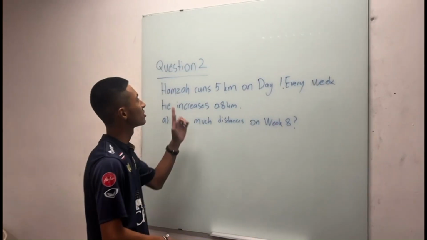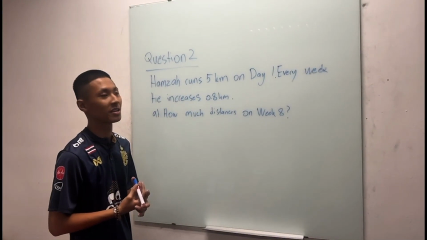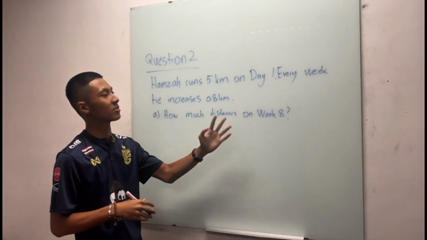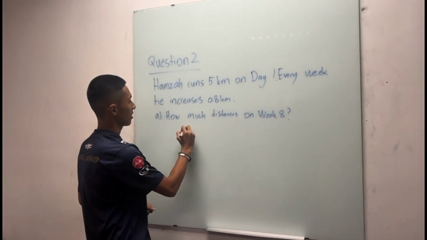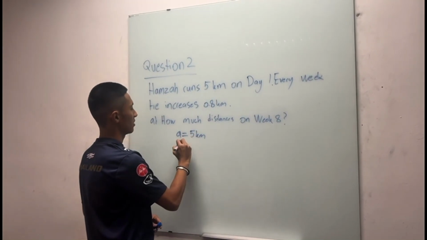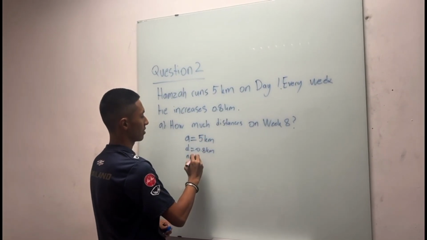So we move on to question 2. Hamza is a runner. He runs 5 kilometers on day 1. Every week he increases by 0.8 kilometers. So how much distance on week 8? The first term is 5 kilometers. Our difference is 0.8 kilometers. And n is 8.